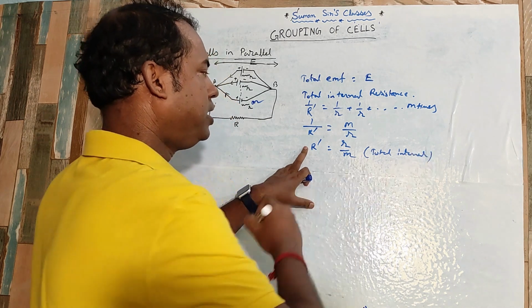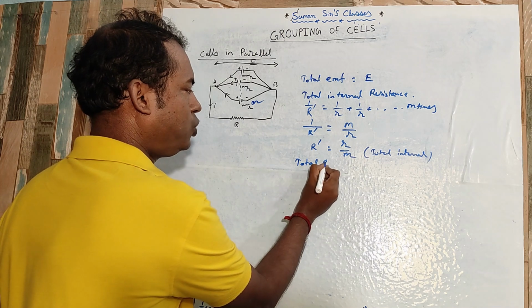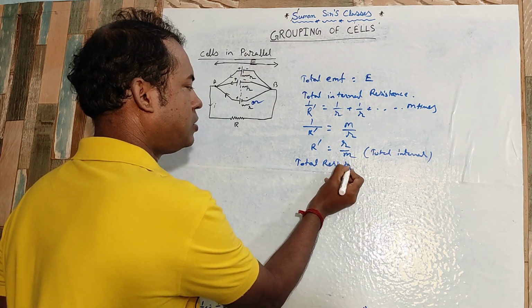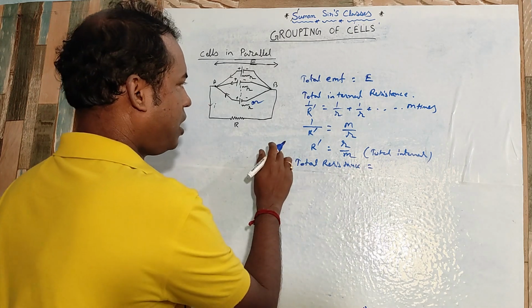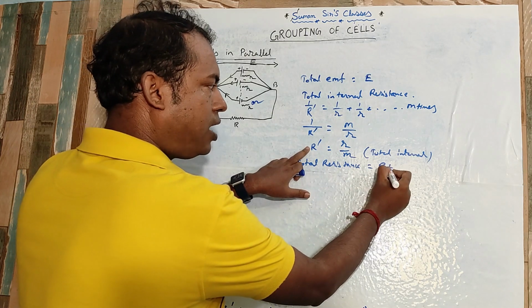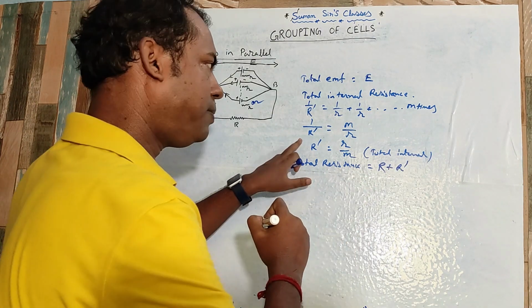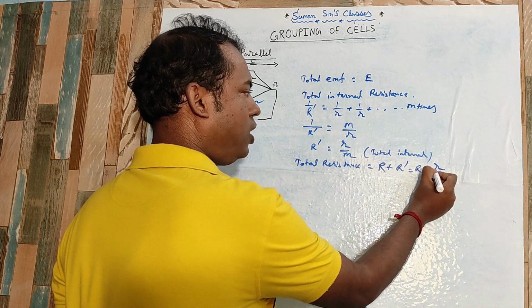Now what is the total resistance? Obviously the external resistance is R and the internal resistance is r dash, so R plus r dash. When we add them together, we get R plus small r by m.